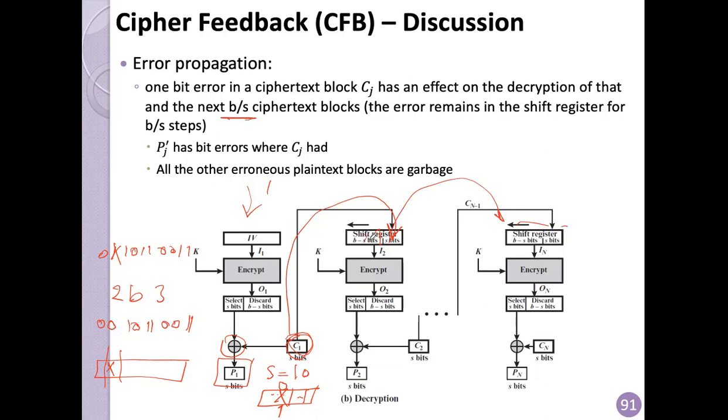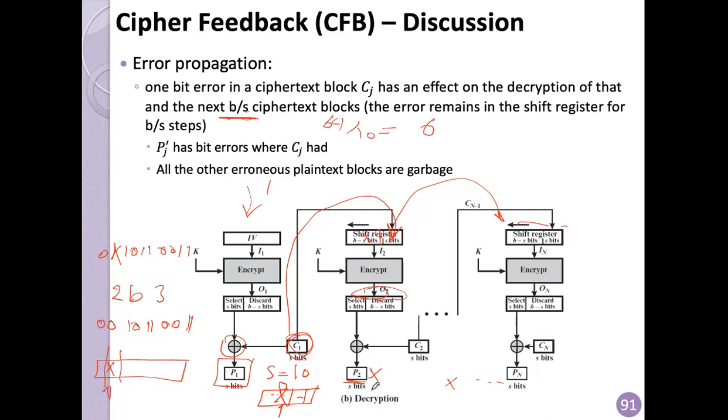And you know, this is the encryption. If 1 bit here is changed, the output is going to be totally different. So plain text number 2 is going to be totally garbage for the next block, which still has the effect of this error bit, and so on. So if B is 64 and S is 10, it lasts for 6 blocks. The first block experiences only a 1 bit error.